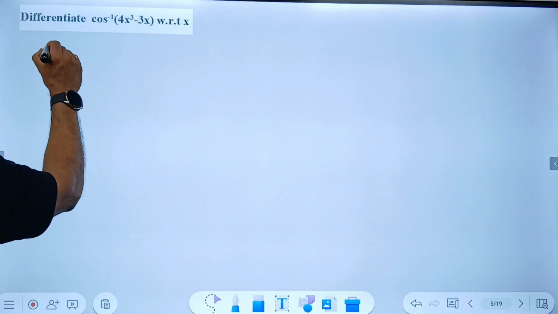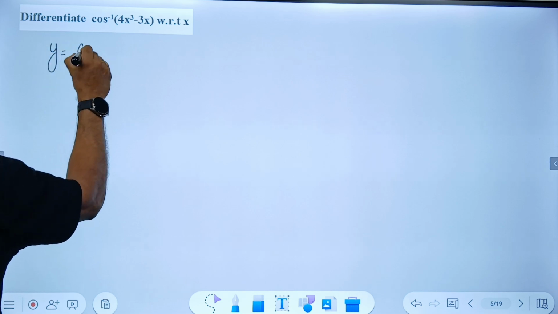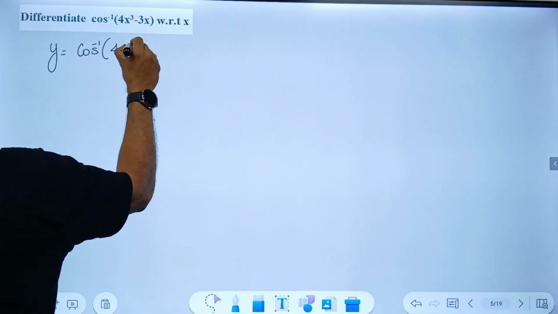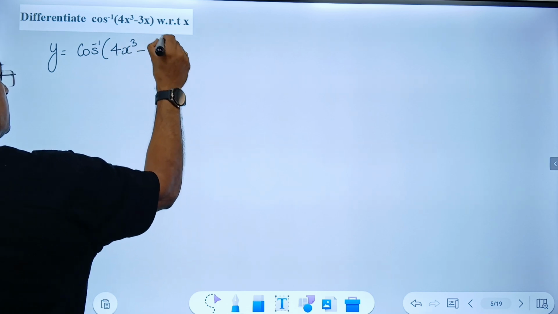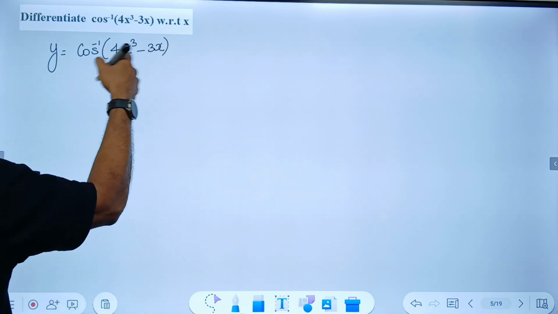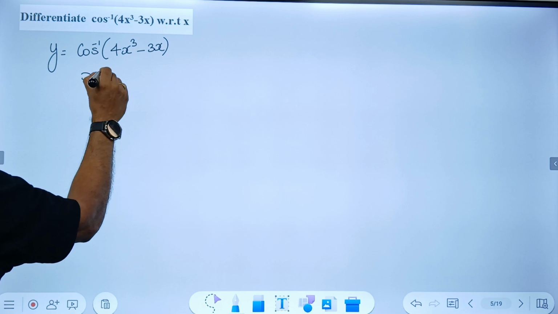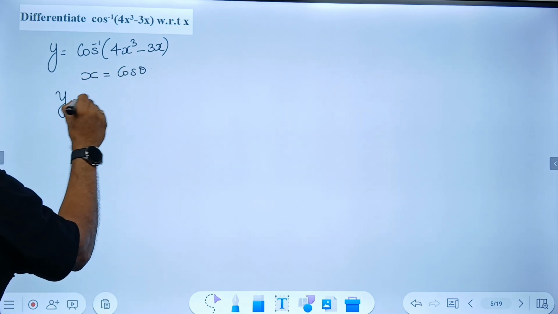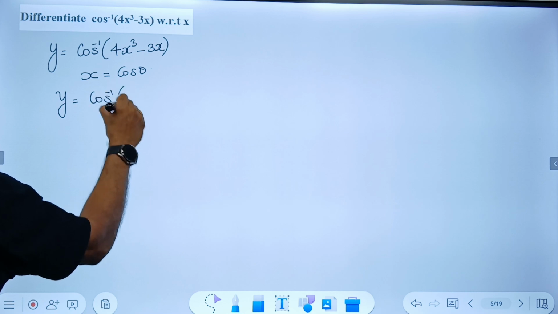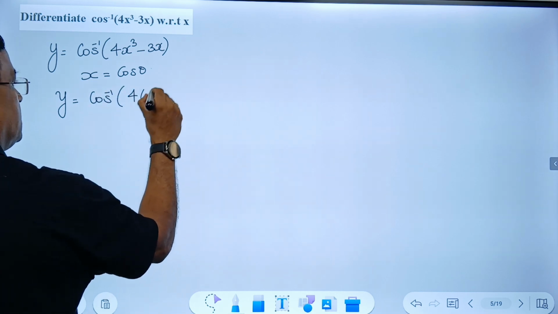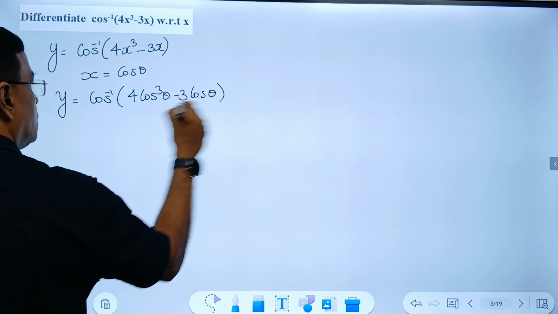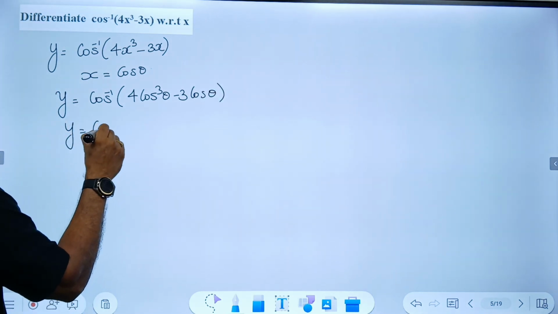Now here I want to differentiate this. What is this? This is a very, very familiar expression. You can see clearly that it is cos 3a. Okay. So all that I need to do is put x as cos theta. So I get y equal to cos inverse of 4 cos cube theta minus 3 cos theta. But you know 4 cos cube theta minus 3 cos theta is what?